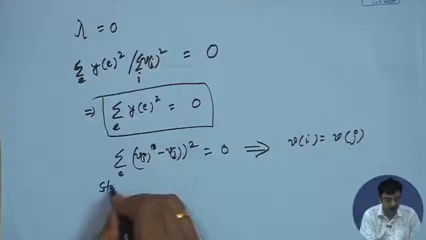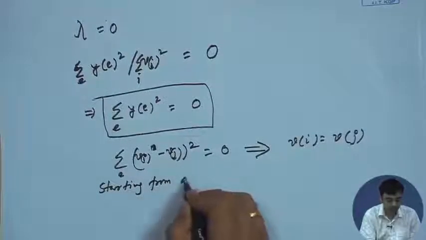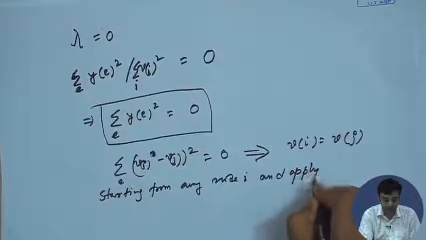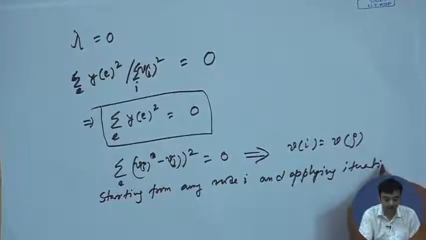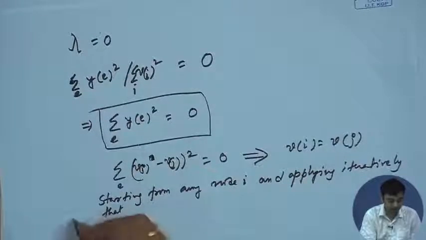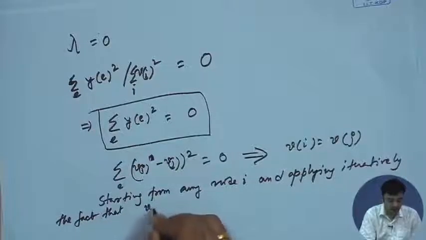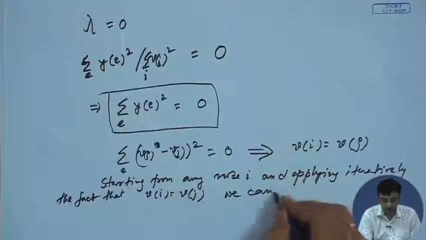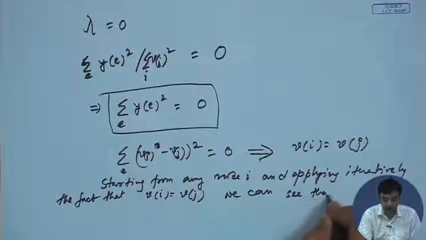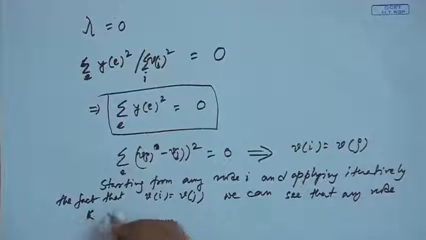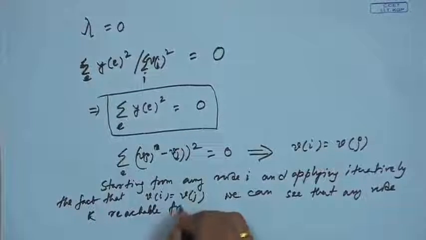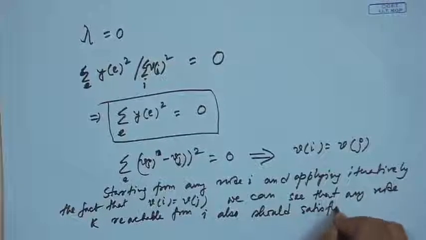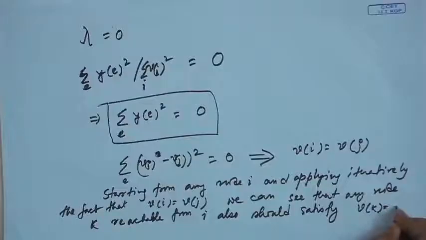Now, starting from any node i, and applying iteratively the fact that Vi is equal to Vj, we can see that any node k reachable from i also should satisfy Vk is equal to Vi.